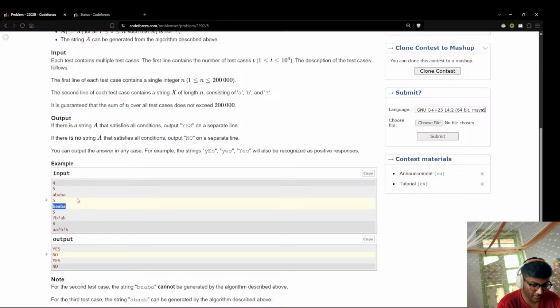So A I take, good. A I take, good. Question mark has to be B. So let's take a B. 3, 4, 5, 6. So A I took. A I took. Now I have B's only. And I cannot start with the A.